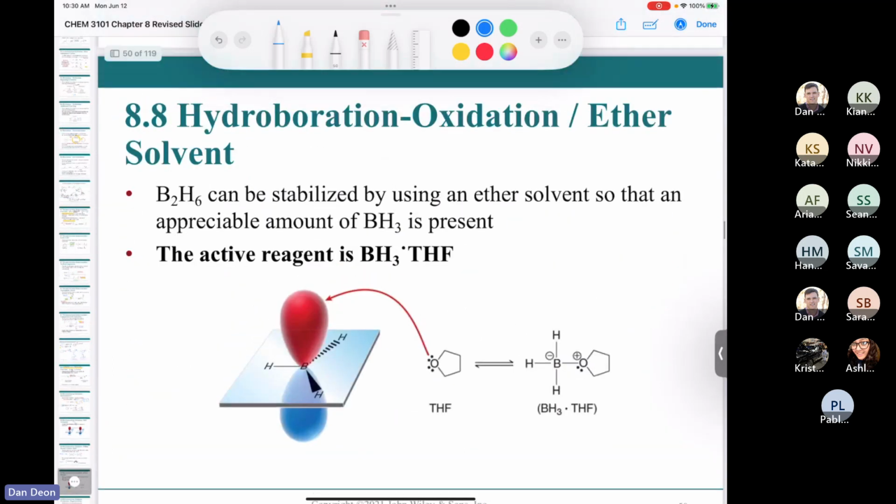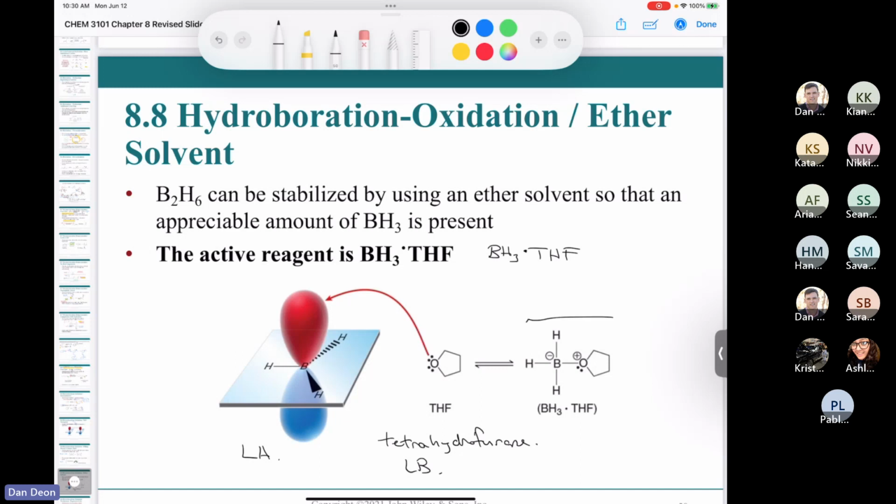But if you're wondering, what's this BH3·THF, this is actually incorrect, it should have the dot right in the middle. It should say BH3 dot THF. So what happens is that the borane, the BH3, acts as a Lewis acid, and THF, which stands for tetrahydrofuran, acts as a Lewis base, an electron donor, and you form this complex.